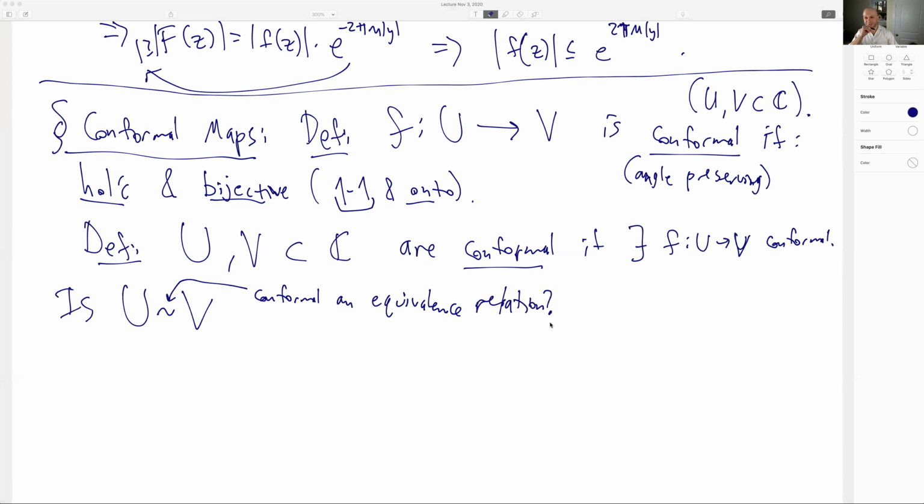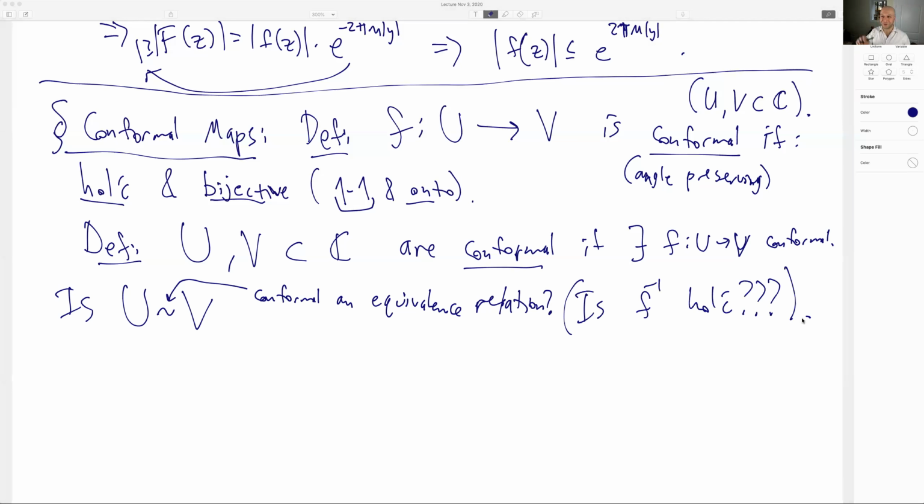Of course, right? You have two things. There's an F from U to V. There's an inverse. Why is the inverse holomorphic? Yes, bingo. There's something to prove. Is F inverse holomorphic? We know there's an inverse. It's a bijection. Bijections, by definition, have inverses.